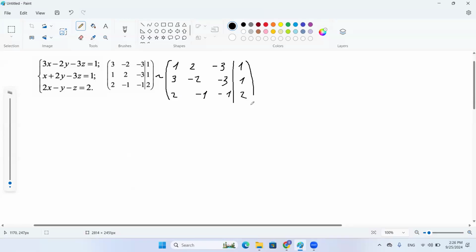And now I will have to get zeros here. So the first row is without any changes, but the second and the third will be modified.